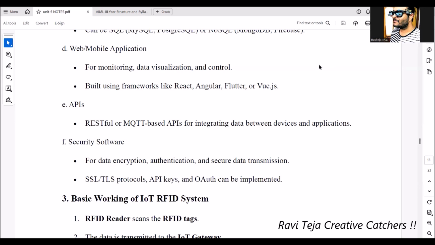And for security, we have encryption, authentication, secure data transmission. For RFID, all these things are to be considered, where we use SSL or TLS protocols and API keys. All these things are majorly concerned with respect to security.